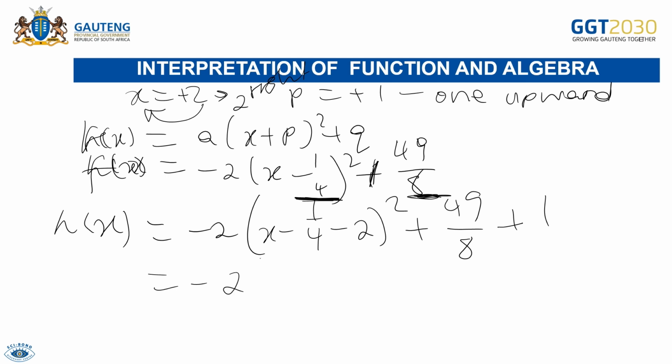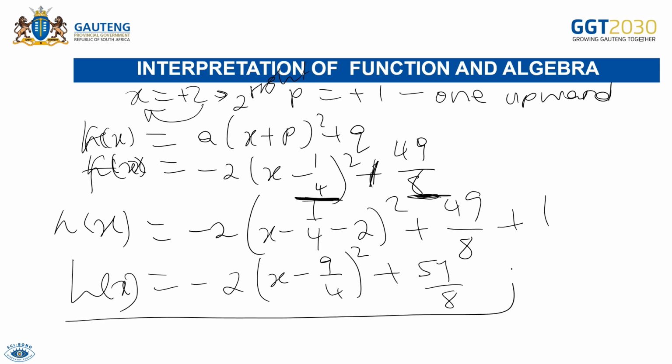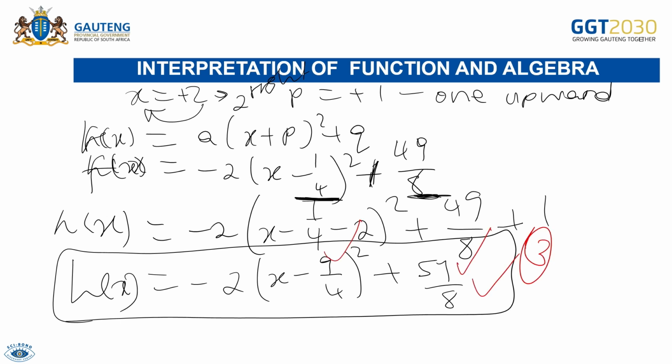So the new equation will be negative 2, x minus 9 over 4, squared, plus 49 over 8 plus 1, which is 57 all over 8. So this is your new equation of h of x. Then you get your full 3 marks. You get a mark for changing this one, a mark for changing this one, and for the whole equation, that's your full 3 marks.